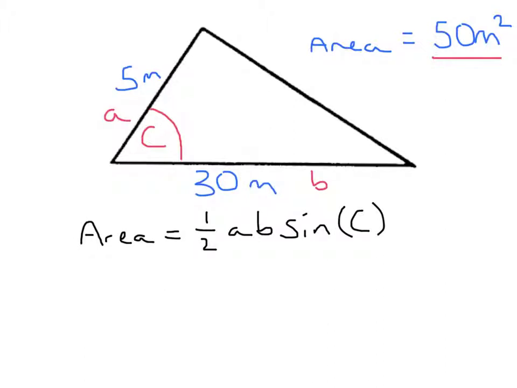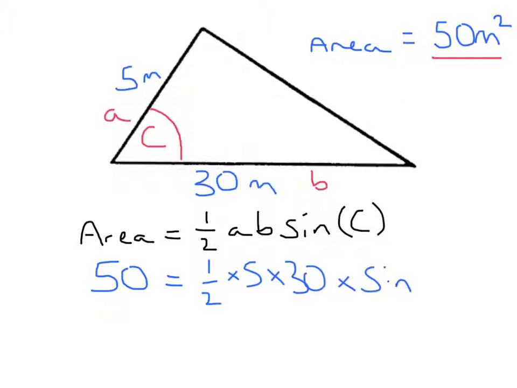And we start as usual by writing down the formula, and then we just fill in what we already know. So we know that the area is 50 meters squared, and so that 50 will be half of A, which is 5, times B, which is 30, times sine C, which is our unknown.